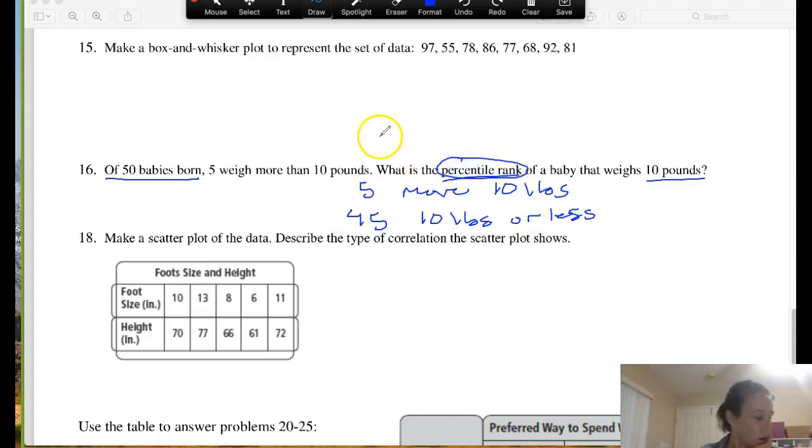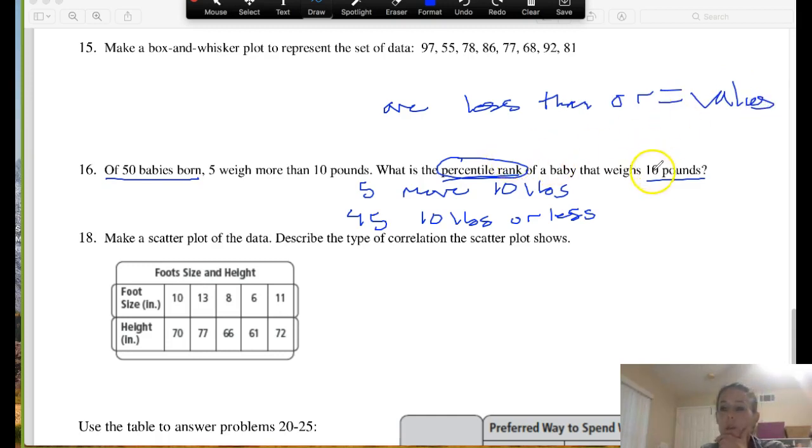You want the percentage of data values that are less than or equal to your value. There are only 5 babies that weigh exactly 10 pounds, but the percentile tells us the values that are less than or equal to your value. There are 45 that are 10 pounds or less.